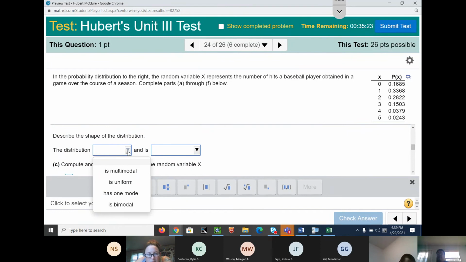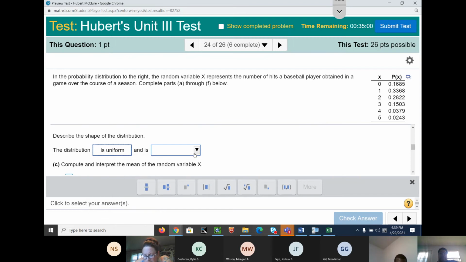Good gracious, it's decimals. I would say uniform and is skewed.